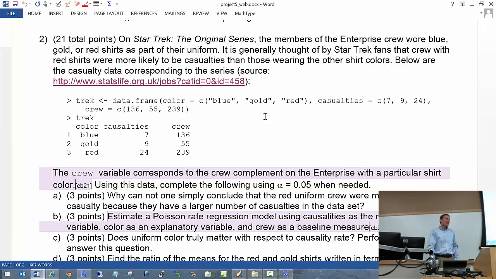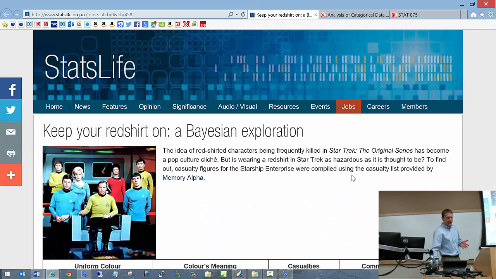I think all of you realize that in Star Trek, the crew members tend to wear different colored shirts that correspond to what their jobs are. Here are members of the original series. You see Captain Kirk here in his gold uniform because he's the commander, and various people who drive the ship, or helmsmen, are also in gold.